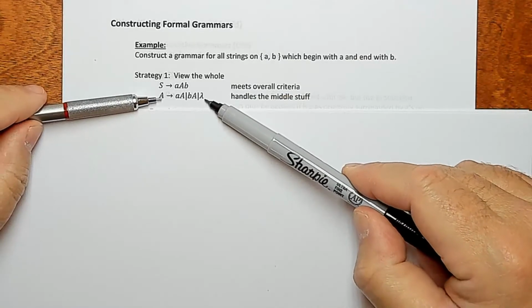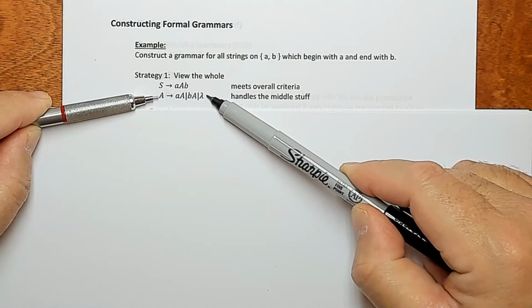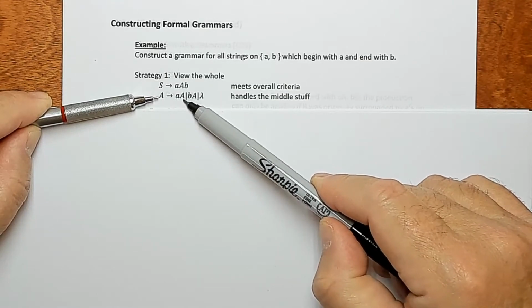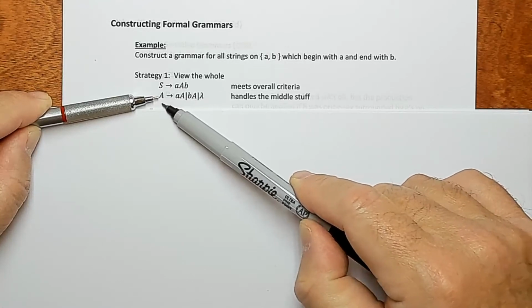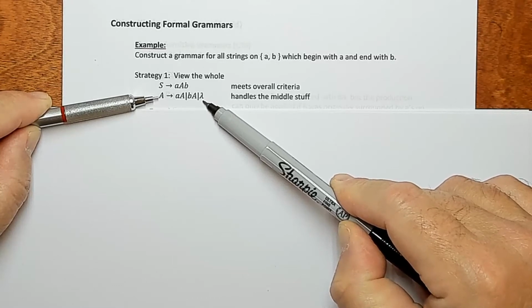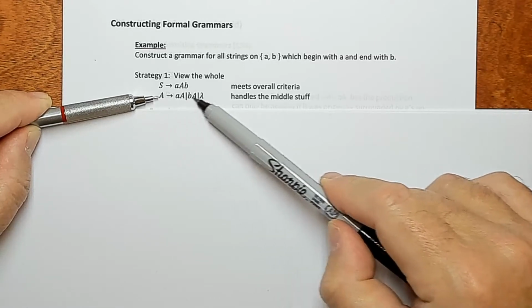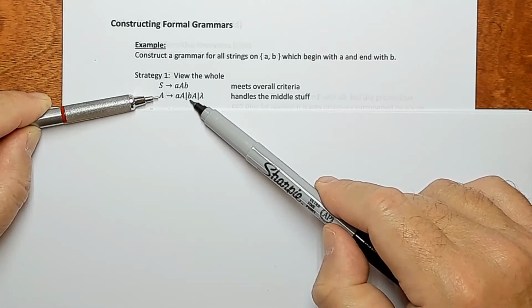Anyway, you can say anything with these productions, right? You could put in a little a and something else, or you can put in a little b and something else, or you could put in a lambda and stop. And with the big A, you just keep repeating this over and over again to put in little a's or little b's.